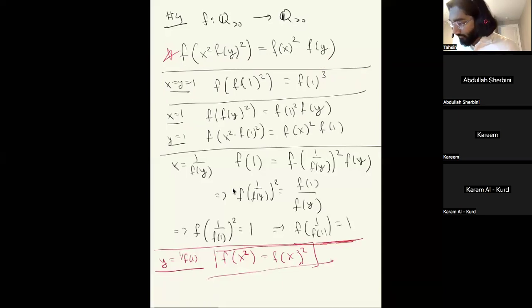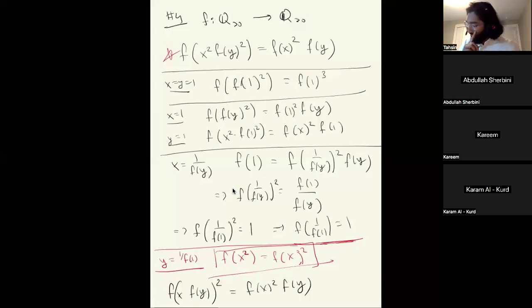So we use this red equation in the first equation to rewrite part of what's making this so complicated. We write it as f of x times f of y, all squared, which is like f of x squared f of y.